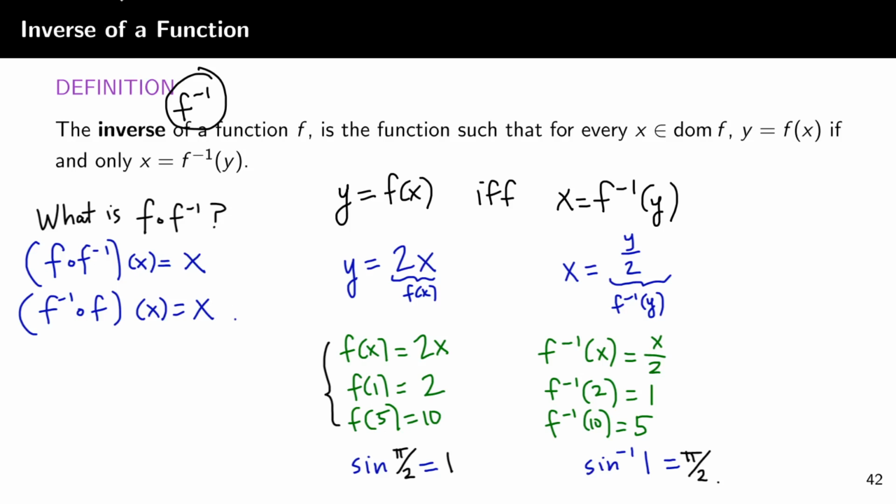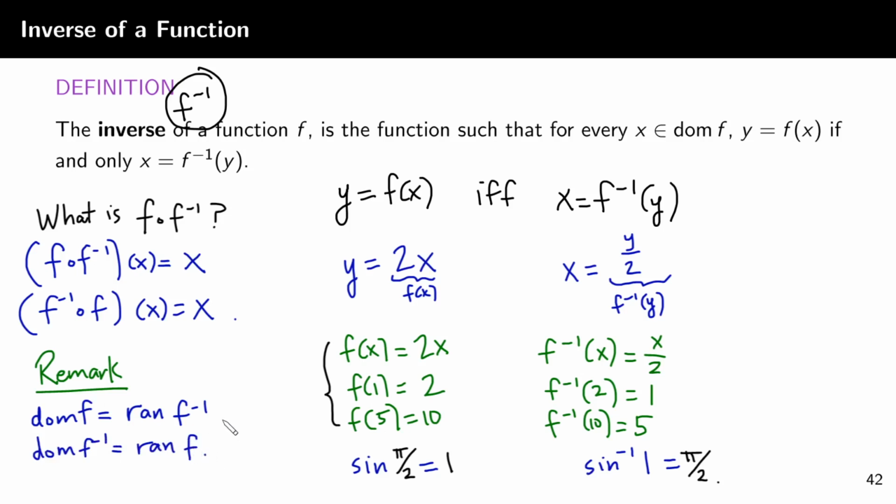Now, in terms of the domain and range, let's write that as a remark. Ang nangyayari, kapag kinuha natin yung inverse, nagsiswitch lang yung domain at range ng f tsaka ng inverse niya. Yung domain ng f is equal to the range of f inverse, and the domain of f inverse is equal to the range of f.